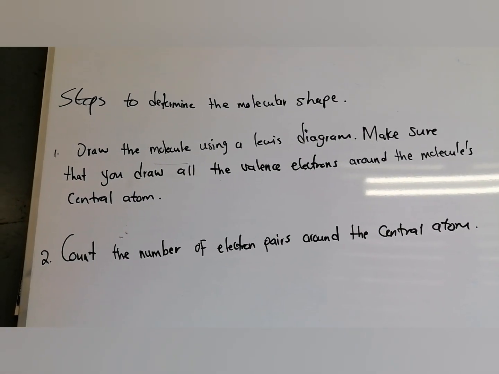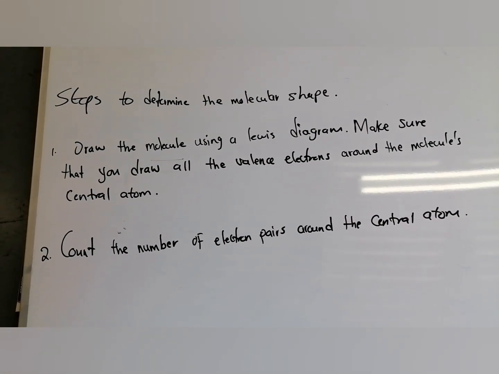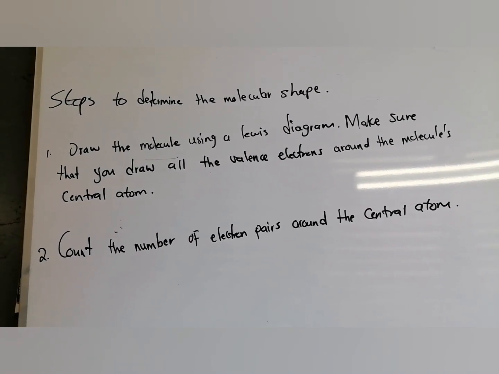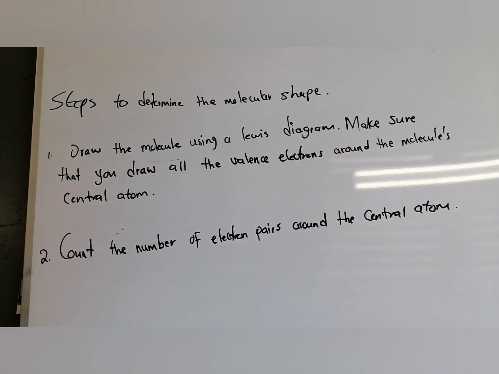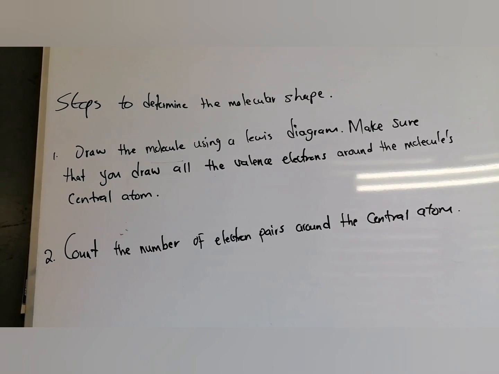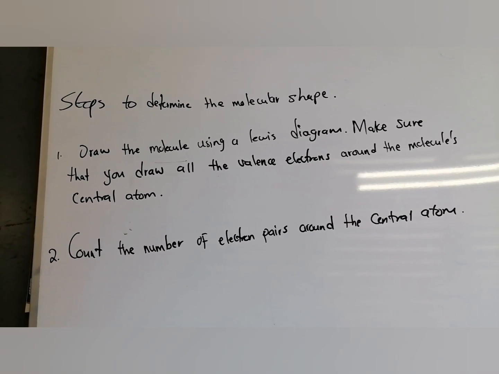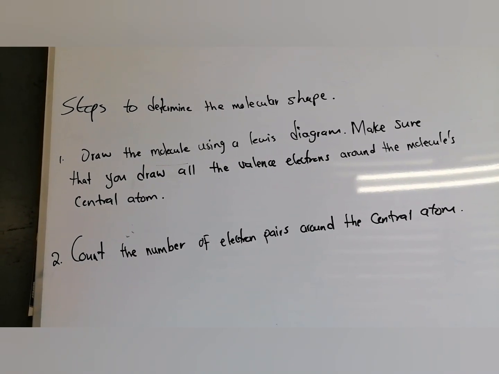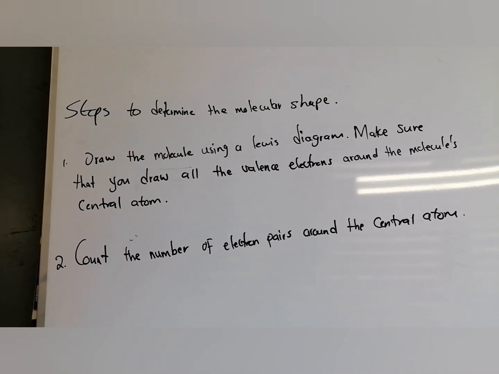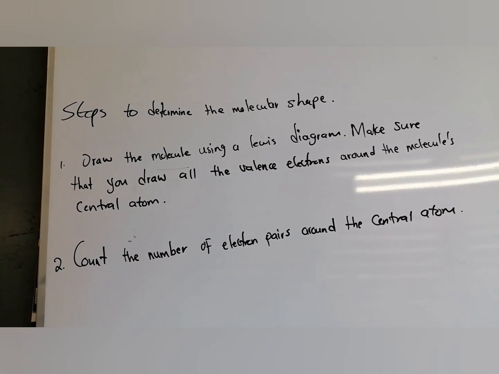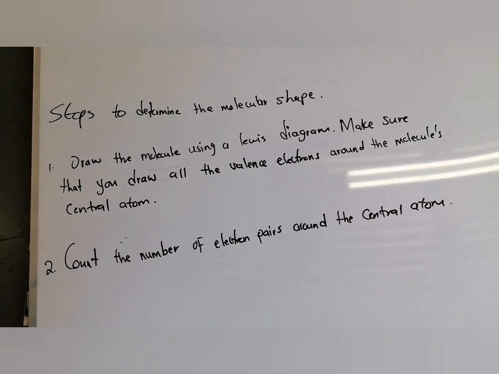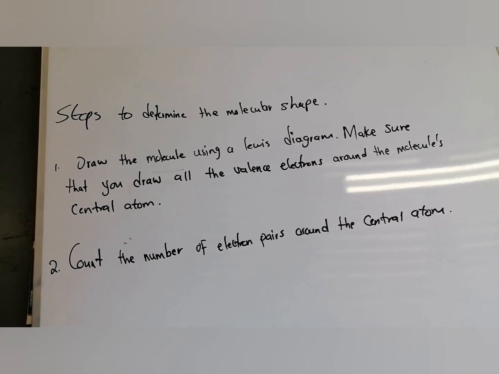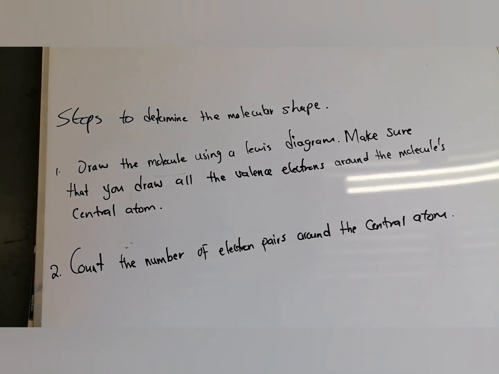So there are steps you must know to determine the molecular shape of a molecule. The first thing that you must know before you can determine the molecular shape of a molecule is to draw the molecule using a Lewis diagram. Then you make sure that you draw all the valence electrons around the molecule's central atom. That's the first rule.